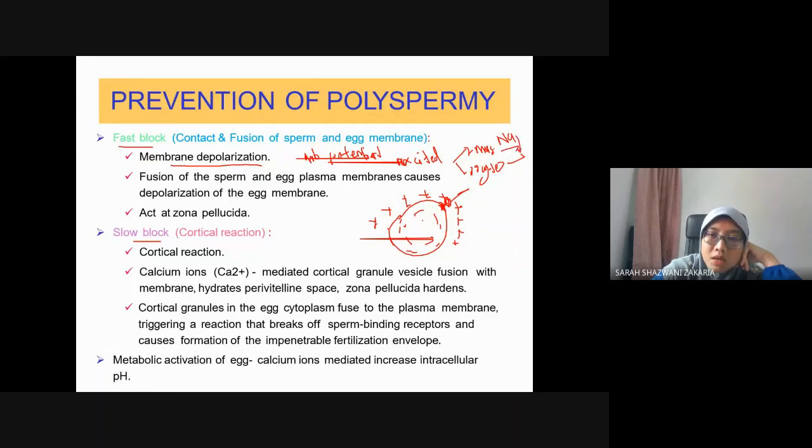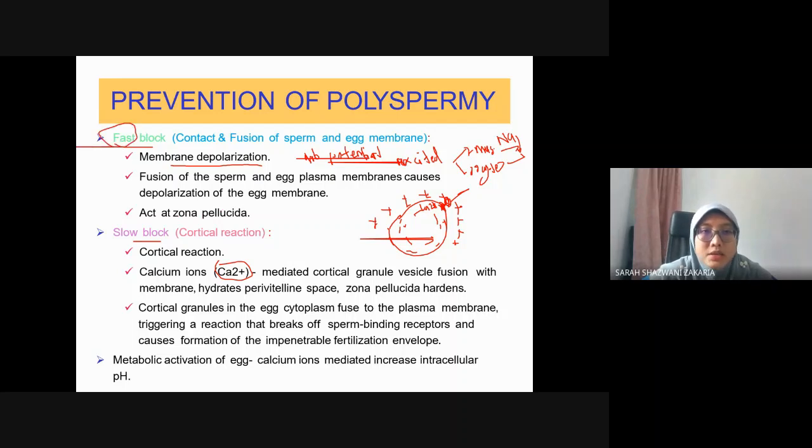For membrane depolarization in the oocyte, if I'm not mistaken, it is calcium. So the negativity inside the oocyte becomes more positive due to the calcium presence, an electrical charge change. That membrane depolarization is the first prevention of other sperm penetrating the same egg.